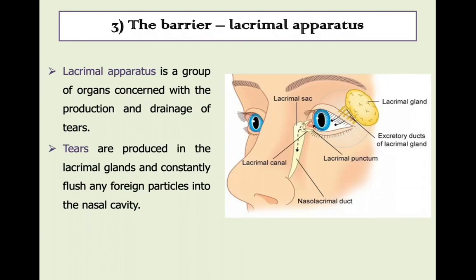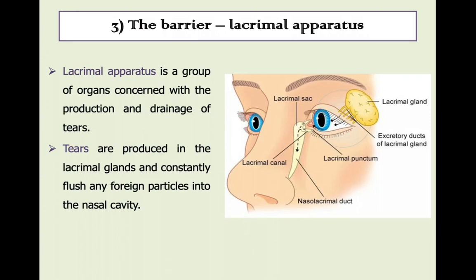Okay, the number third is lacrimal apparatus. Alright, lacrimal apparatus ni contains a series of small organs lah. Okay, so lacrimal apparatus is a group of organs concerned with the production and drainage of tears.